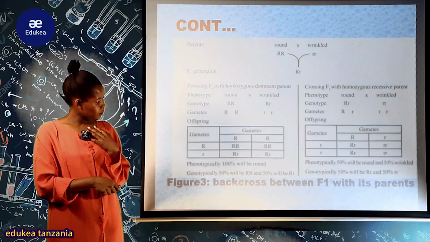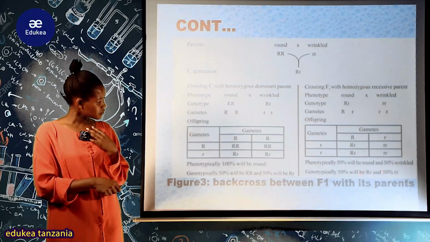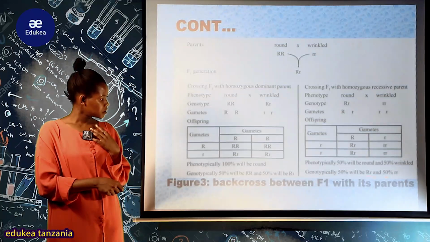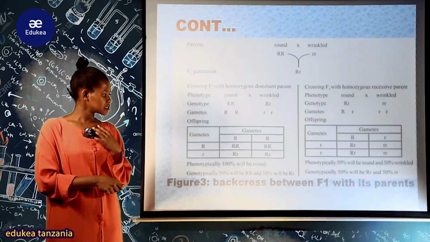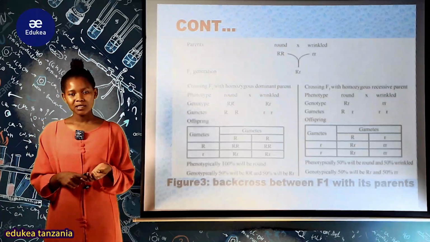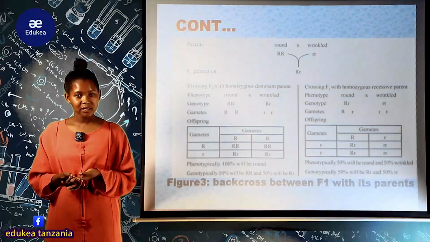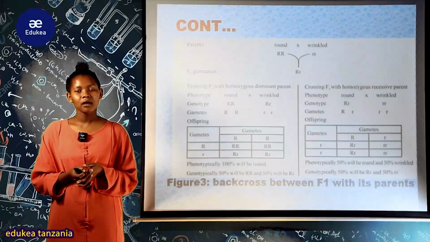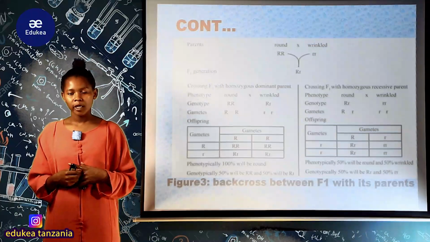Tukija kwenye genotypical tutaona kwamba 50% will be recessive and 50% will be heterozygous. Through this example, you will understand well what does Punnett square mean and how these methods of determining unknown phenotype work.